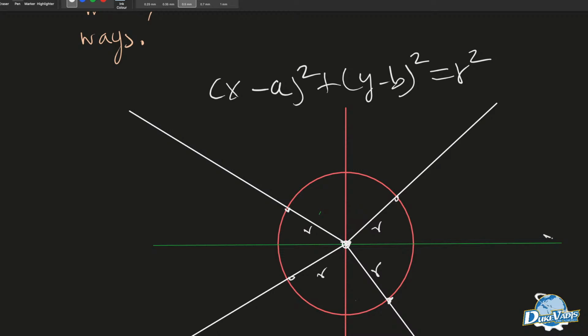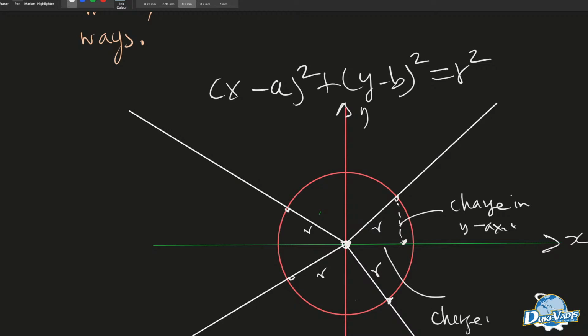Now, if this is our x-axis and this is also a y-axis, then when we resolve this, there will be a change in the y-axis, and there will also be a change in the x-axis.